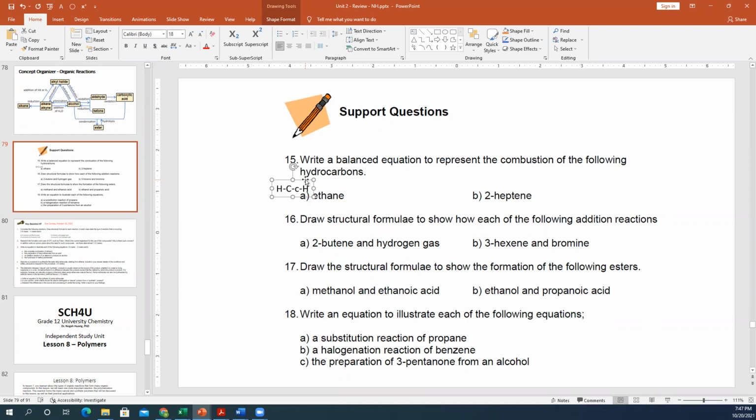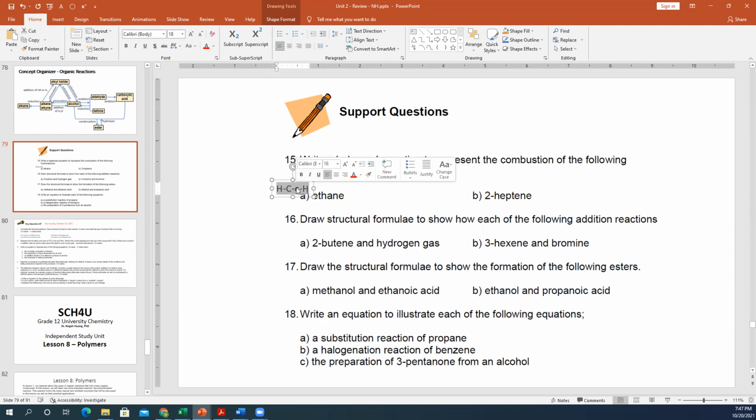A lot of times doing that makes it easier to see what is happening if you're asked to write the structural formula. Otherwise, I'm okay if you just write C2H6.